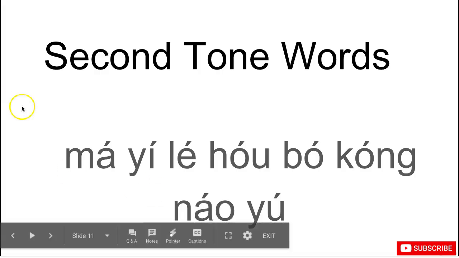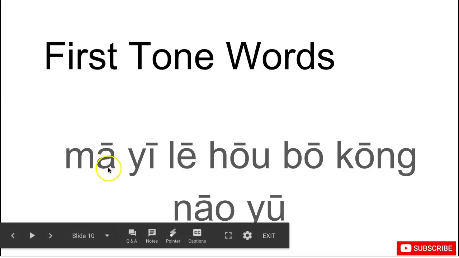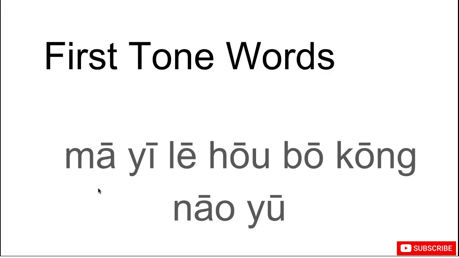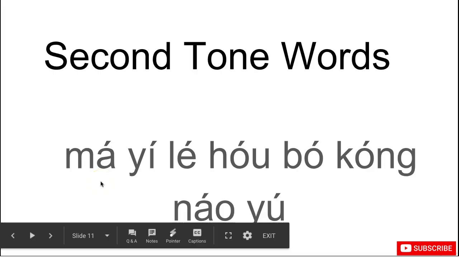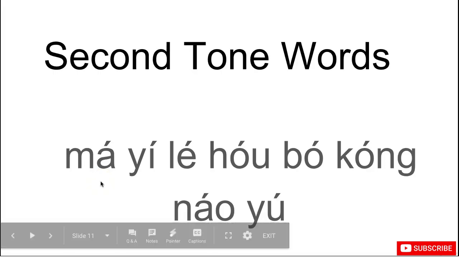So here is a quick practice. Remember the first tone words. Let us see if you can remember to pronounce this. Try and pronounce it yourself right now. Ma, ma, ma. Compare it to ma, ma, ma.